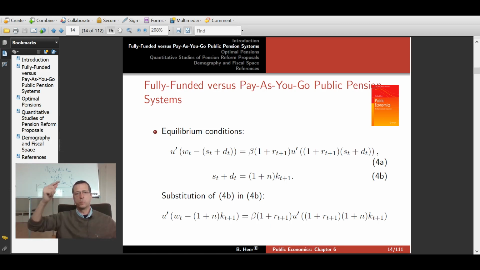But notice it would decrease the lifetime utility of the households because it is not optimal for them to do so. They would rather have lower aggregate savings s_t plus D_t. So higher capital accumulation in this case only comes at the cost of lower lifetime utility of the households in case we had a credit constraint.